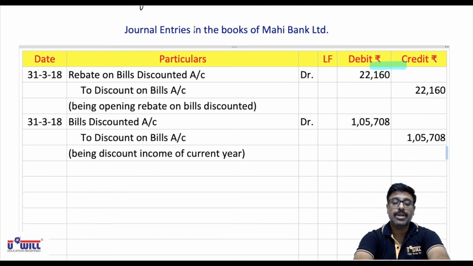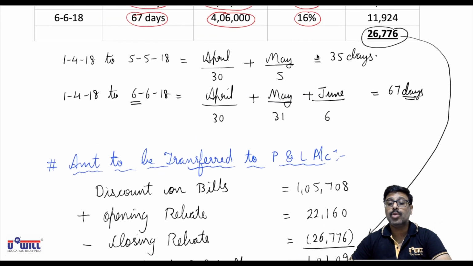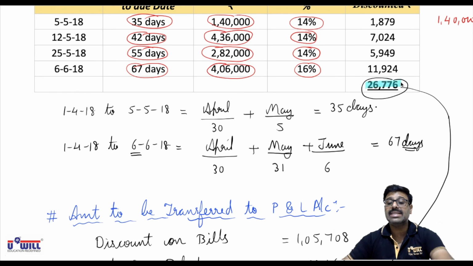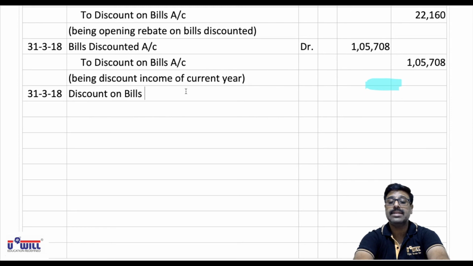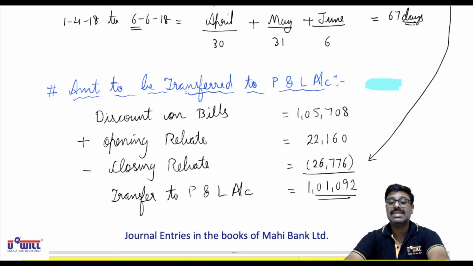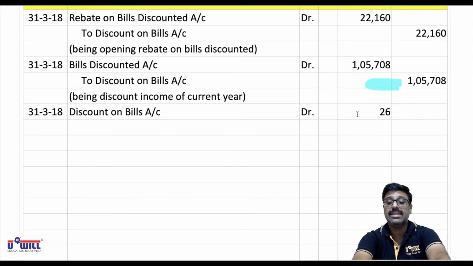Then after discount income of current year, we'll pass the entry for closing rebate on bills discounted. What is the amount of closing rebate on bills discounted? 26776. What entry do we pass for that? Discount income is to be reversed and debited to decrease it because it belongs to next year. So discount on bills account debit with 26776.